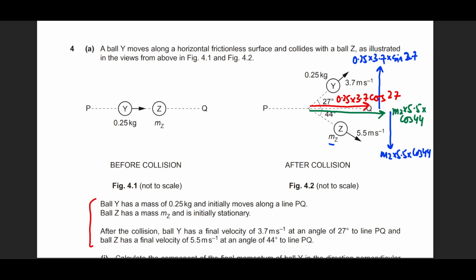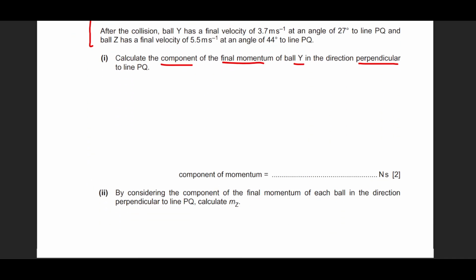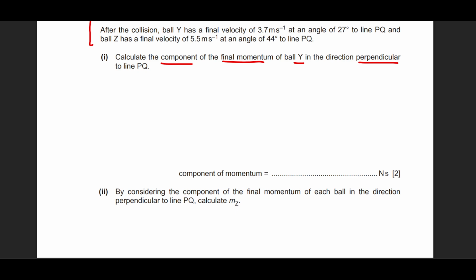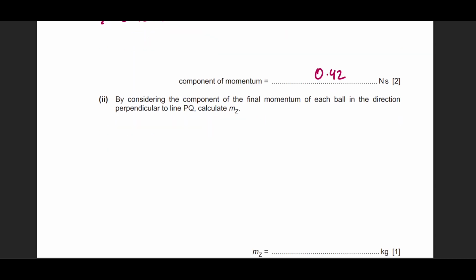Okay, so these are all the components that we're looking for. For this part, I've discussed it already. So this will be simply 0.25 into 3.7 into sine of 27. If you calculate, this is going to come out as 0.42 newton seconds.